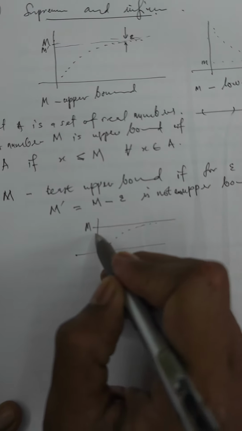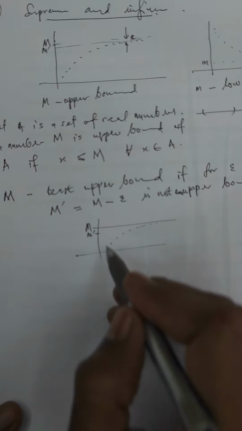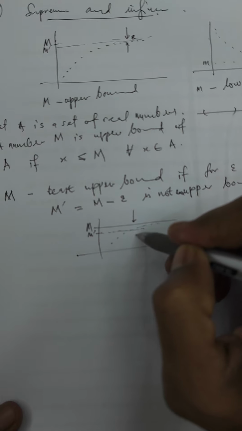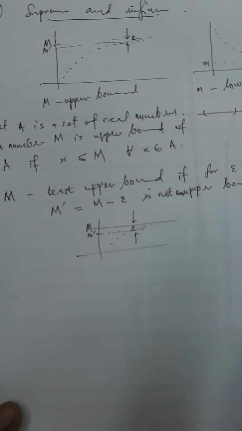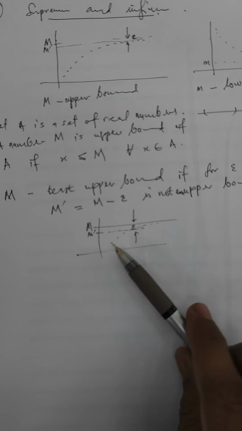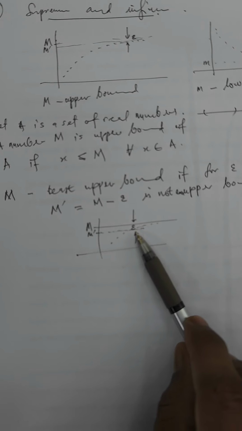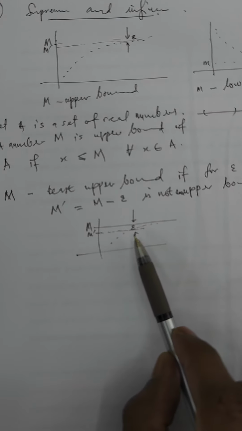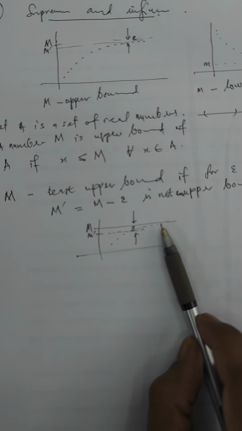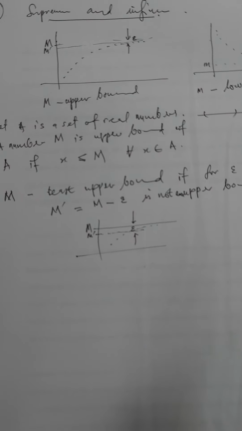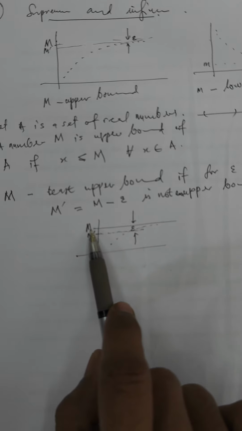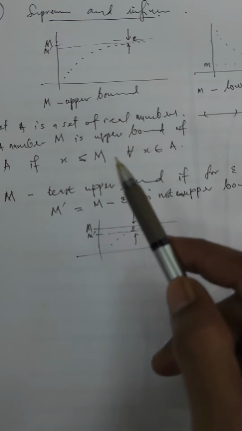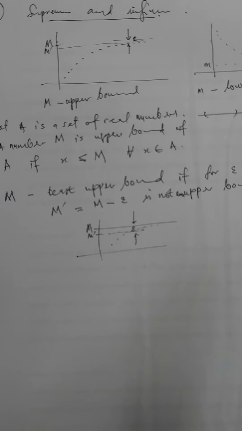If we have m prime somewhere here, where we deduct from m as much as epsilon, then with that deduction there is a term in that sequence that lies between m prime and m. Which means m prime is not the upper bound, yet still the sequence does not exceed the value of m. So in this case, m is the least upper bound.